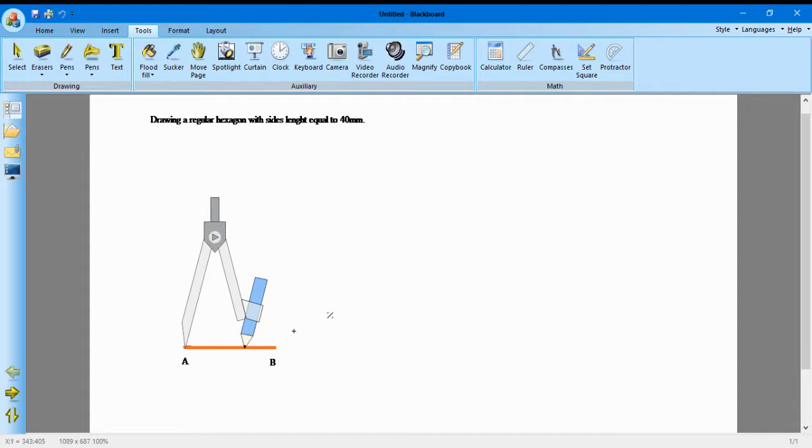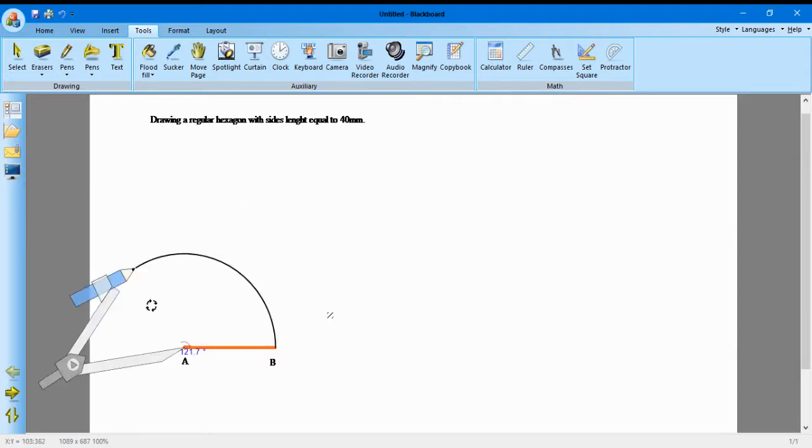You will set your compass to point A, and using the other side of your compass you will stretch it up to point B. That is what we're going to be doing with my compass. From point A, I will open my compass to point B, which is right here, and I will inscribe an arc this way.